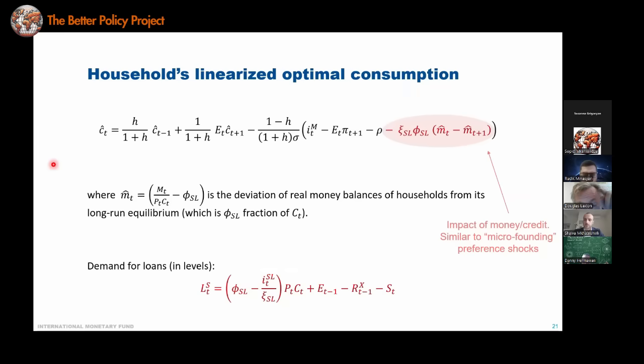The interest rate term is IM, but you have different interest rates in your model. So what is IM? IM is the interest rate that households get on their money holdings, and they can hold money in the form of deposits or in the form of cash.